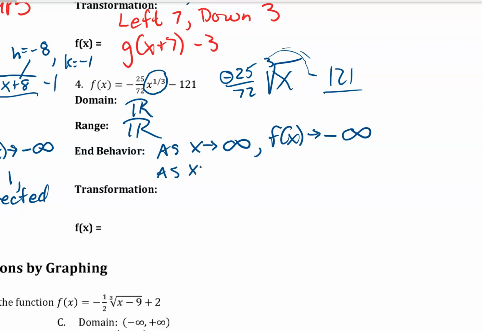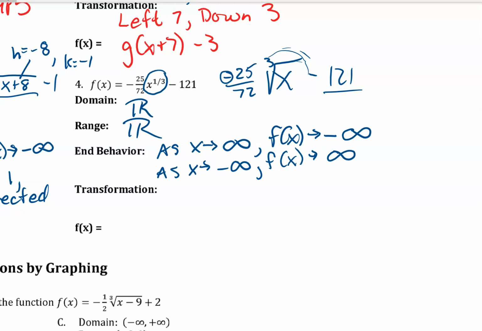Similarly, as x approaches negative infinity, I have a very large negative number inside my cube root. I take the cube root of that, it's a large negative number. I multiply it by a negative, that becomes a large positive number. And then I subtract 121, so f of x approaches positive infinity.